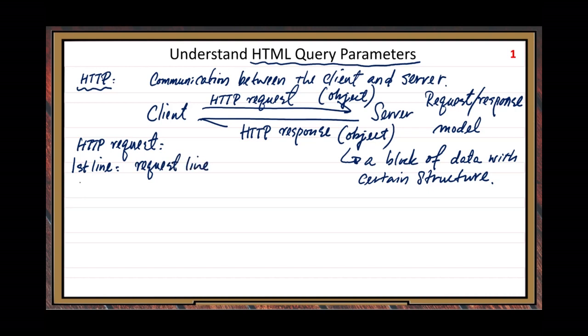Then from the second line through, there are several lines. How many lines depends, so you may not know exactly, sometimes more, sometimes fewer. This part we call the header part.